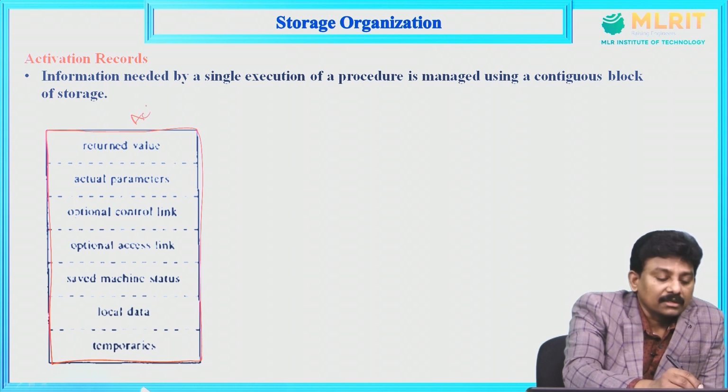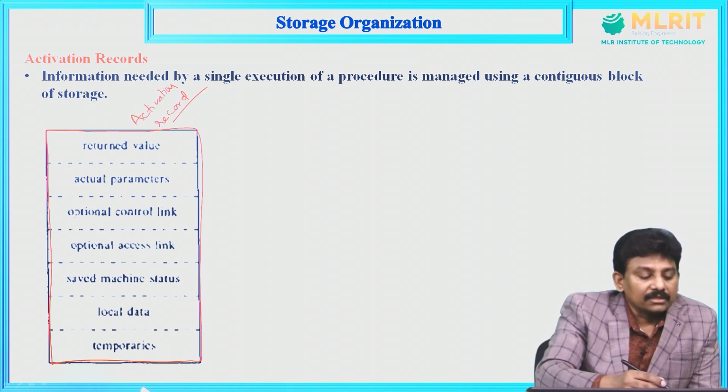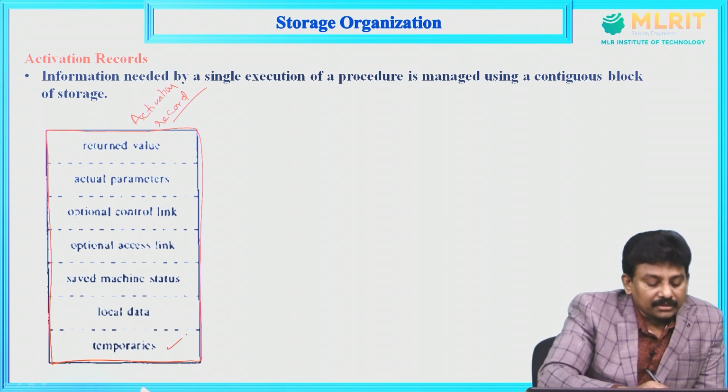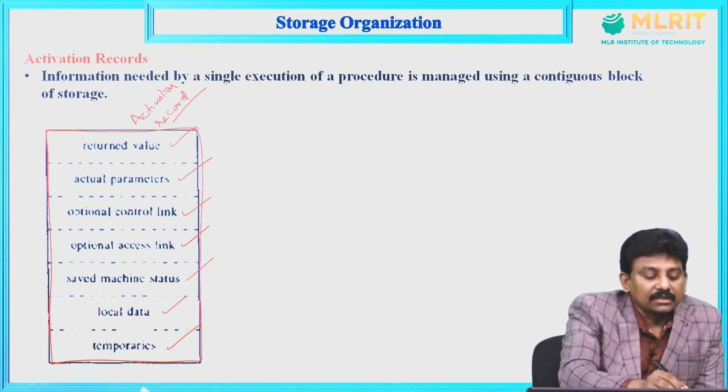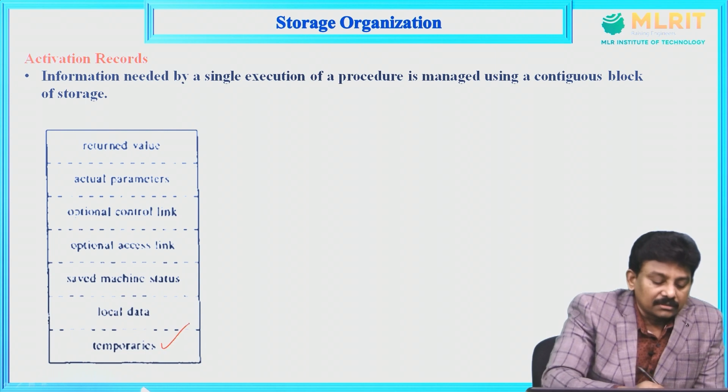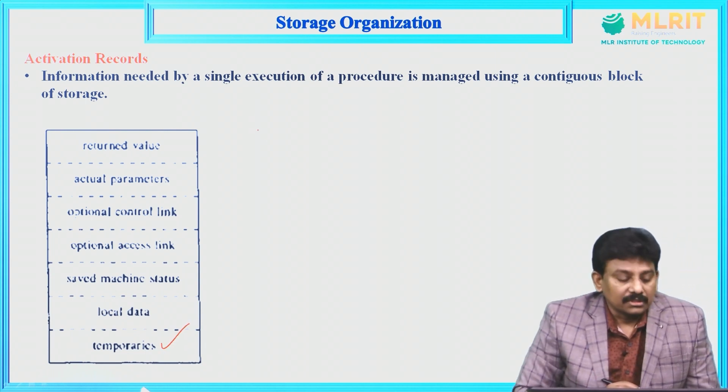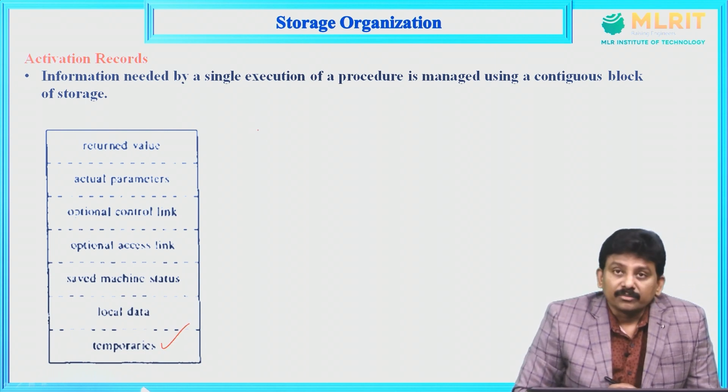The activation record contains temporaries, local data, saved machine status, optional access link, optional control link, actual parameters, and returned value. Temporaries hold intermediate results.